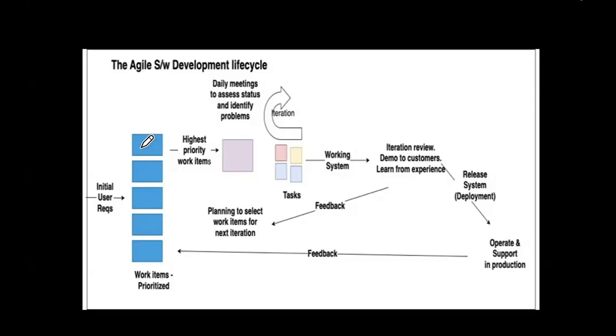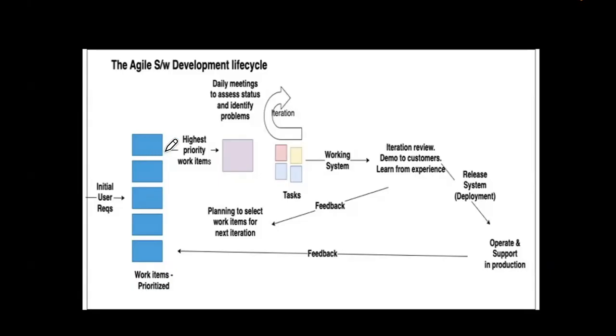Because as we know, it's not until the client or customer gets to actually see and play with the software application that you're developing for them that they can give you a better understanding of what they're actually looking for. So this iterative nature and the importance of feedback in the whole software development lifecycle is what characterizes the agile approach.